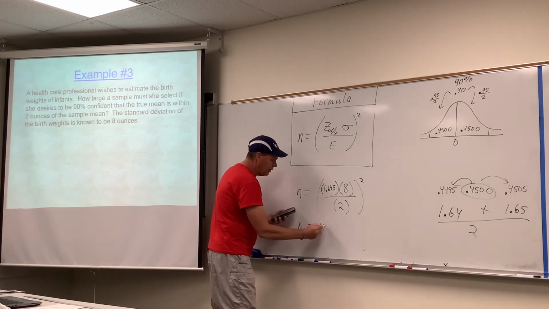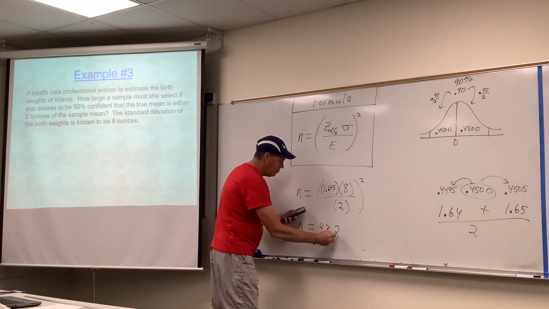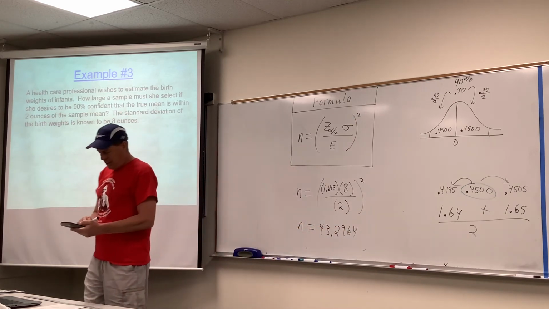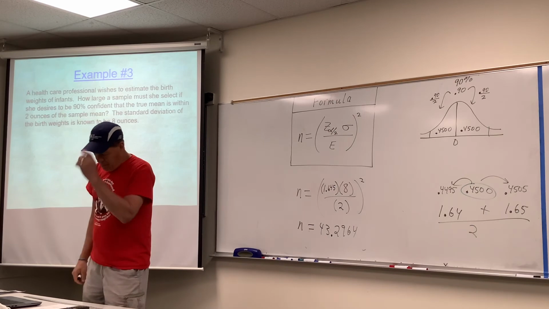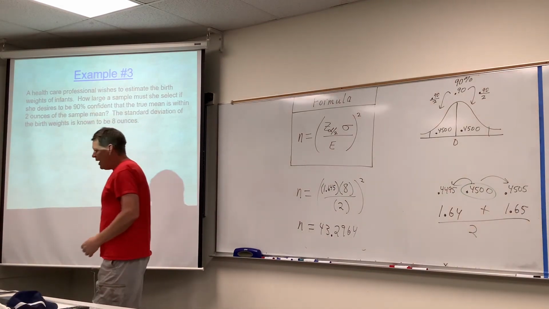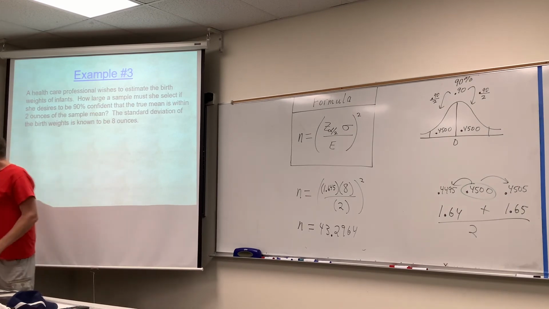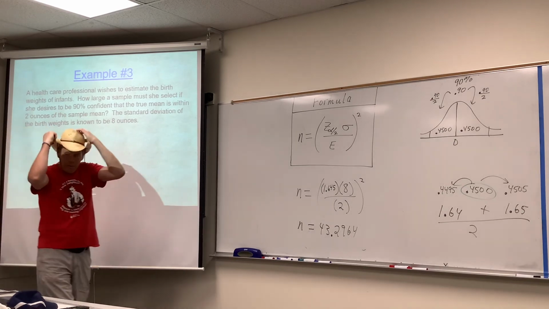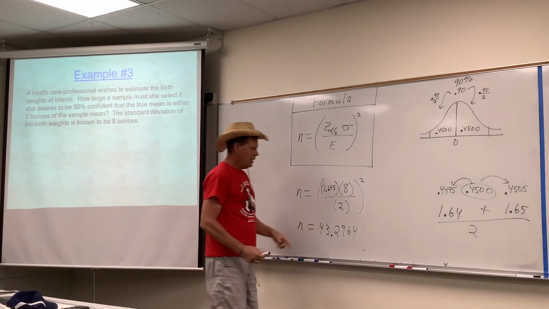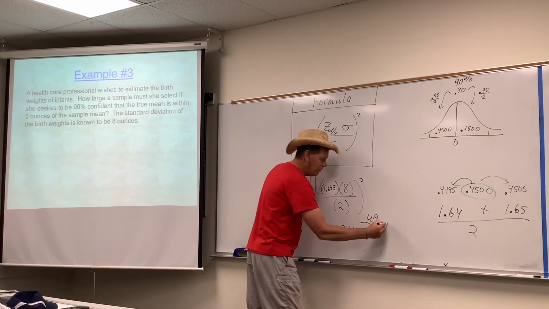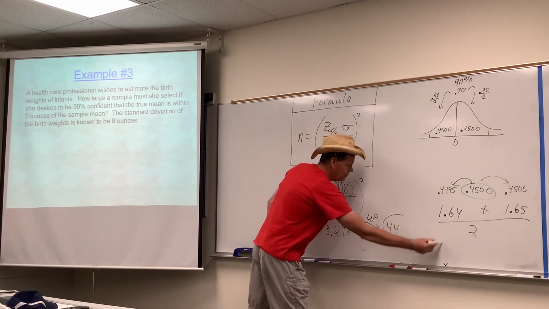The calculator would lead to 43.2964. But I hope you remember that when you're talking about sample sizes, you're talking about how many do we survey? How many do we sample? And you can't have a decimal number for a sample size. So I hope you would remember that this would be the case where we round it up. Round it up. And so that would round upward to 44, and they should survey 44.